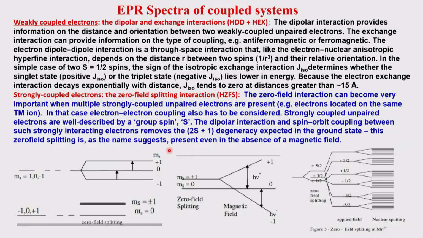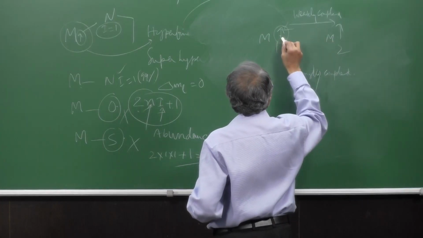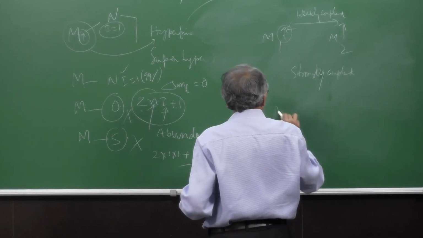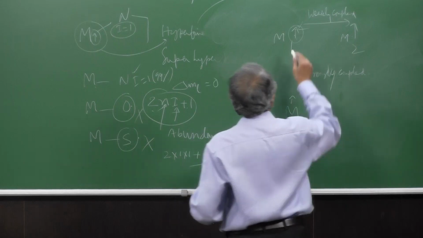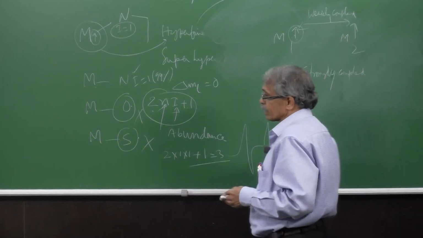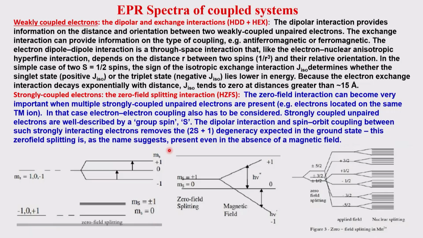In the weakly coupled case, we are not talking about the nucleus here, we are talking about the 2 spins, of the 2 metal ions, or it could be 2 unpaired electrons on the same metal. They can interact weakly or strongly. The weak interactions are coupled through distance-based interactions, called dipolar interactions.